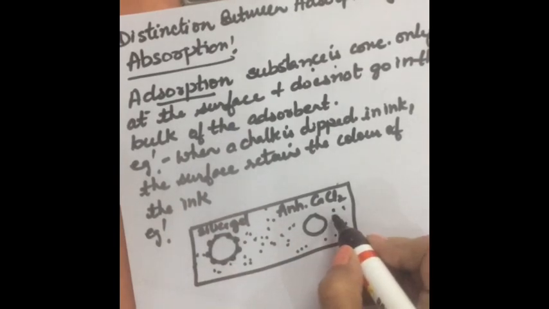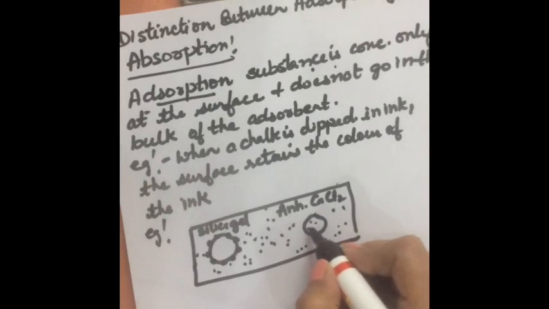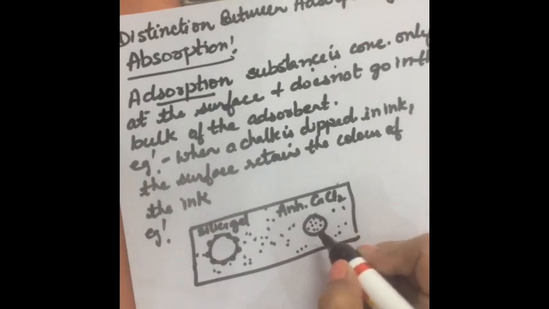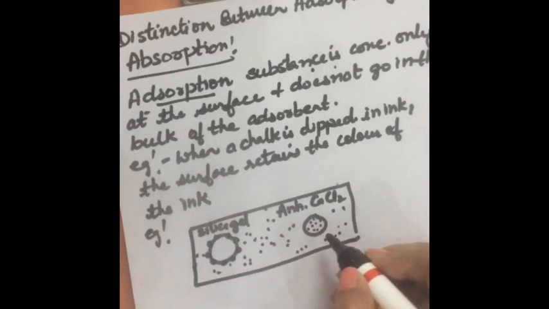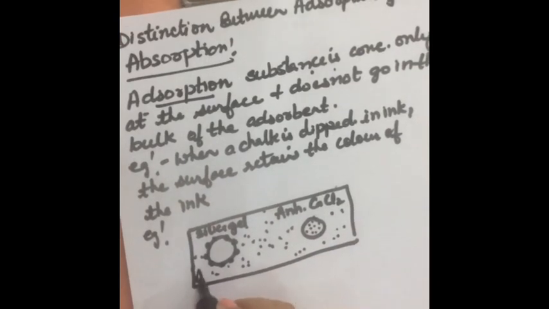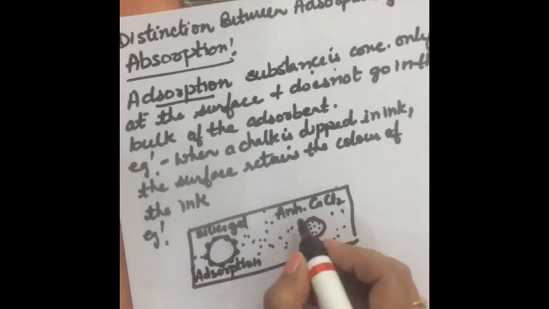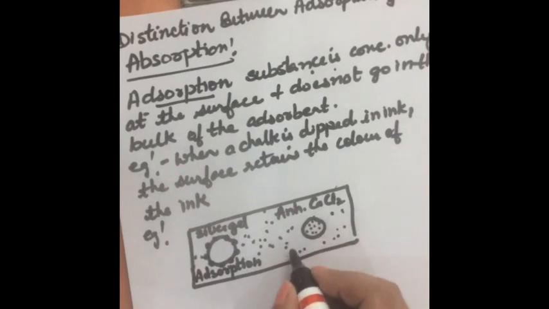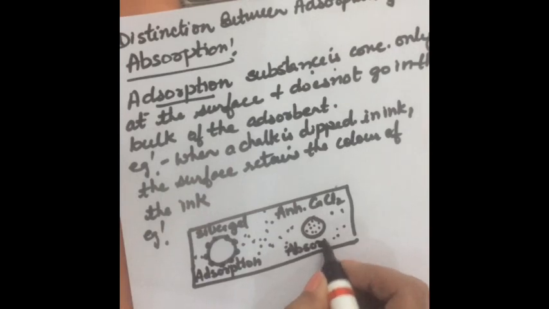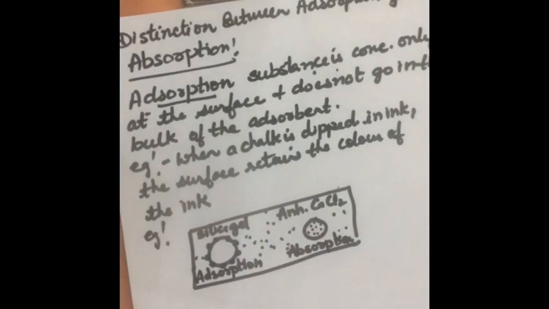While in the case of anhydrous calcium chloride, the moisture goes inside the bulk and mixes throughout the interior of the calcium chloride. So silica gel shows adsorption, while anhydrous calcium chloride, since the moisture has gone inside the bulk and mixes uniformly, is an example of absorption. This is the distinction between adsorption and absorption.